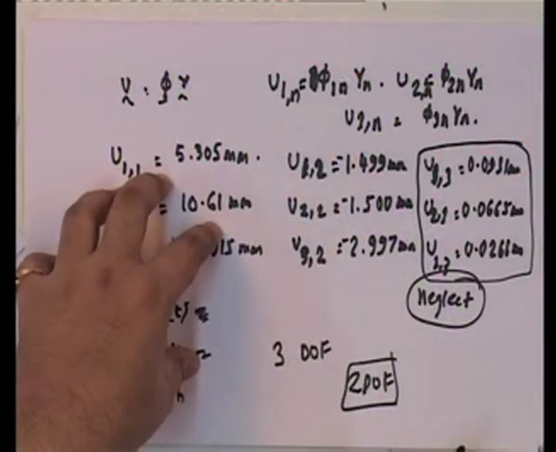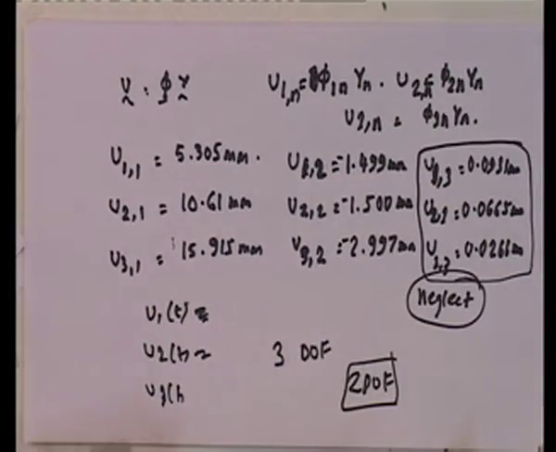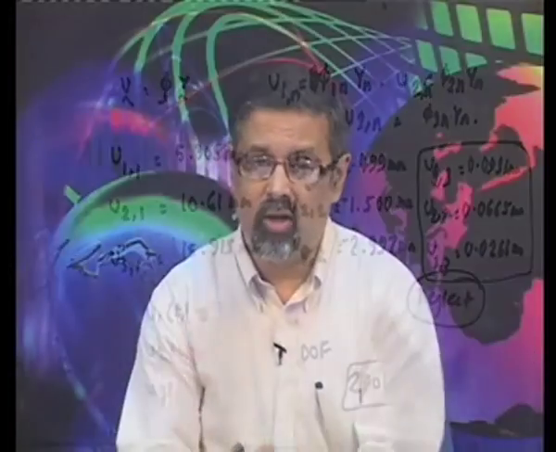So, even though I have taken a harmonic load which is not tuned to the first mode, note that the first mode response is largest. Of course, the second mode response is not negligible, because since it is a harmonic load, this is excited.